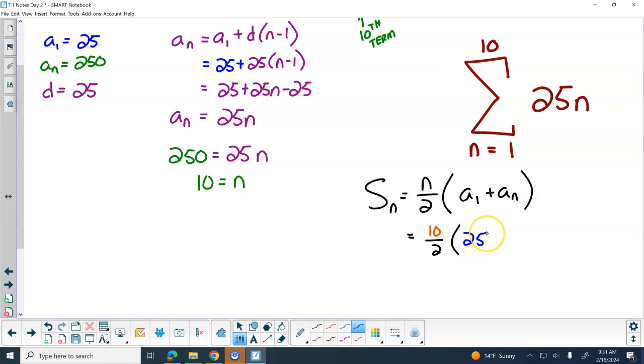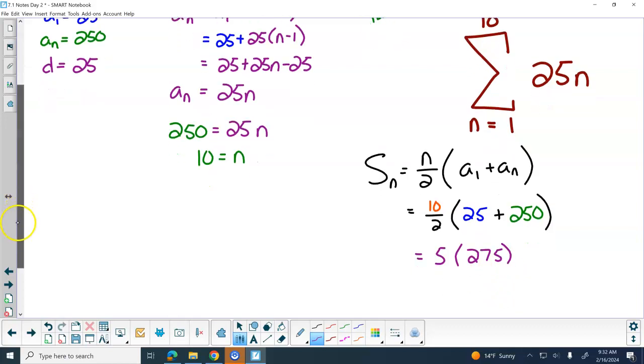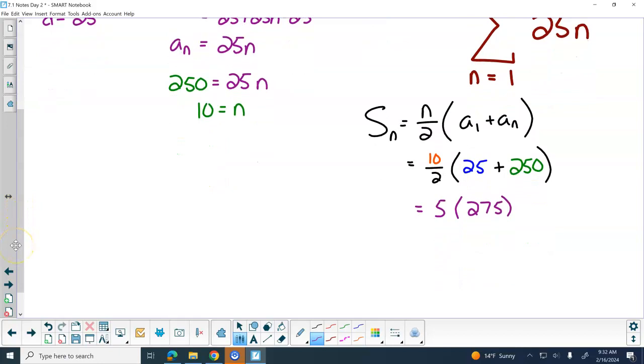What was my last term? Ten divided by 2 is 5. 25 plus 250. 275. 5 times 275. 1375.